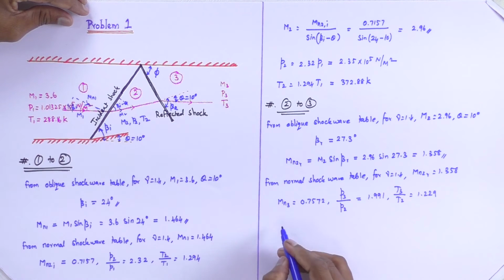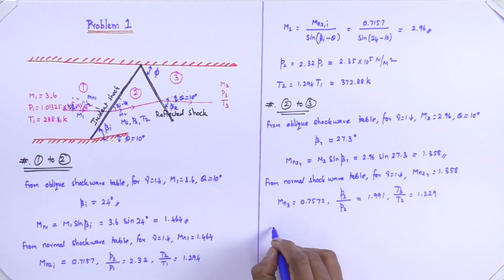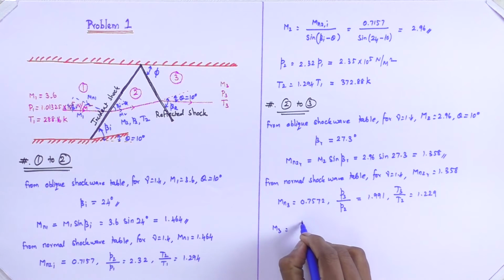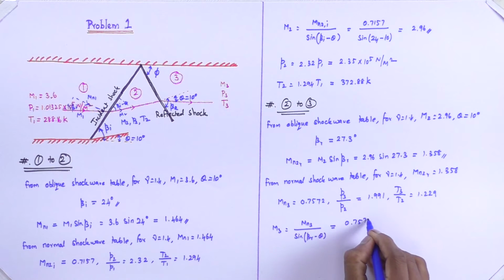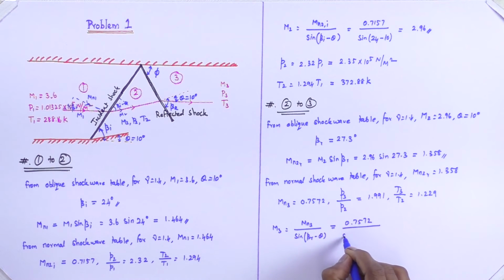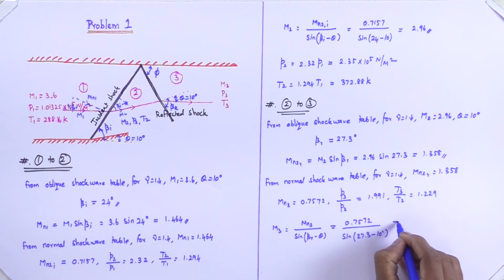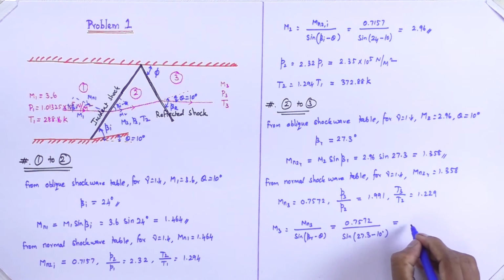Again from trigonometry, M3 is equal to Mn3 divided by sine of beta r minus theta, where Mn3 is 0.7572 divided by sine of beta r, which is 27.3 degree, minus theta, which is 10 degree. So this will give M3 as 2.55 Mach number.